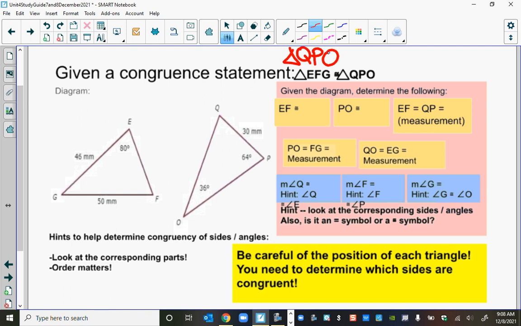So EF is going to tell us what side in the triangle on the right is going to be congruent to EF. So EF is going to be congruent to which side? And look at your triangle congruence. Which two letters are right above E and F?